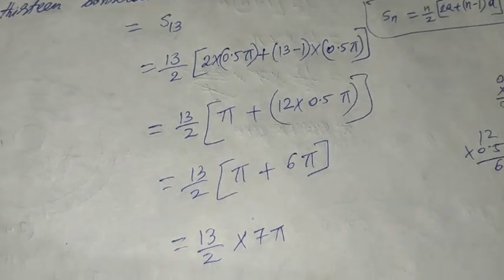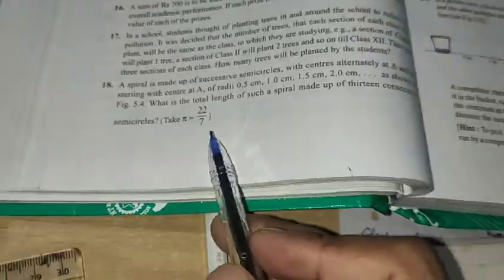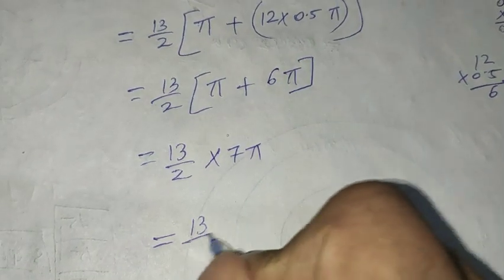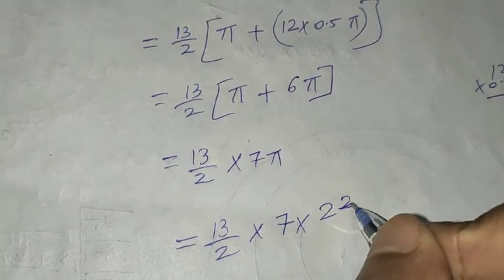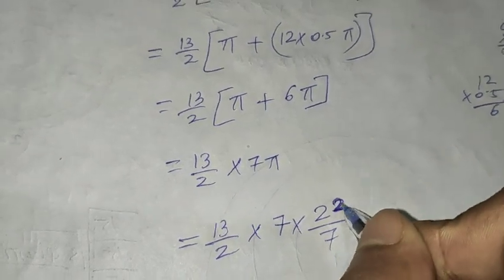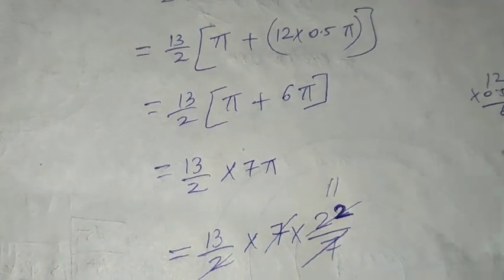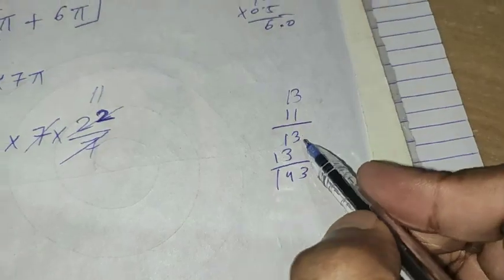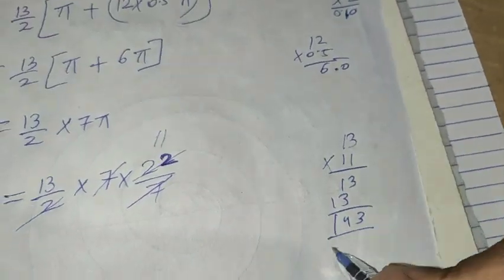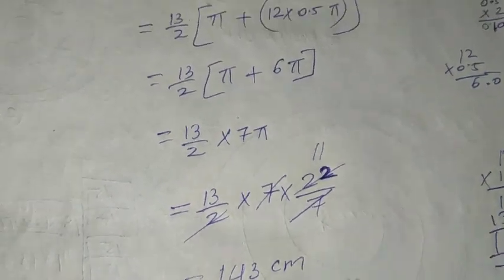Now in the question it was given to take pi is equal to 22 by 7. Replace pi by 22 by 7. The 7 got cancelled, 2 11s are 22. So what is your answer? 13 into 11 is 143, which is equal to 143 centimeter.